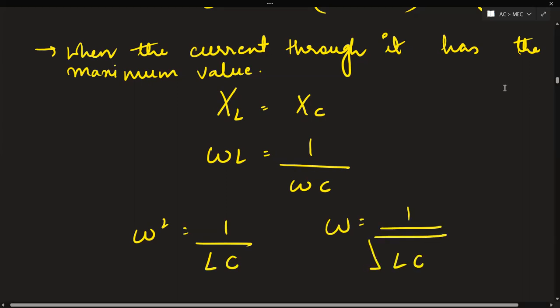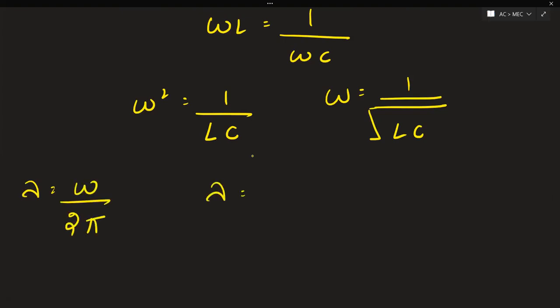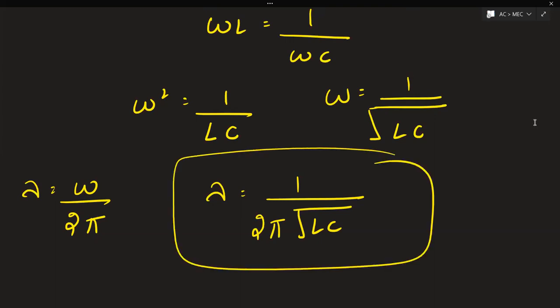From here, you can even write down the linear frequency. If omega is this, frequency is omega divided by 2 pi. So frequency becomes equal to 1 by 2 pi under root LC. And what type of frequency is this?